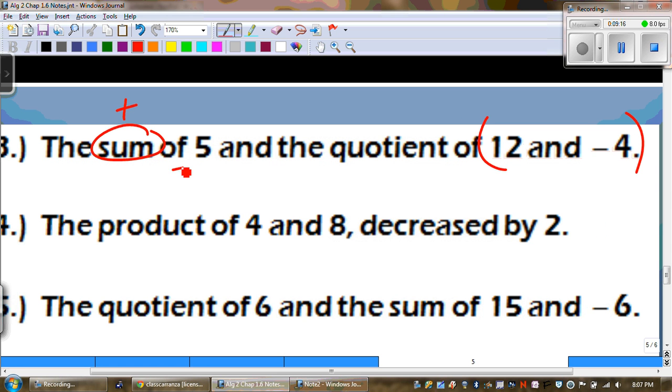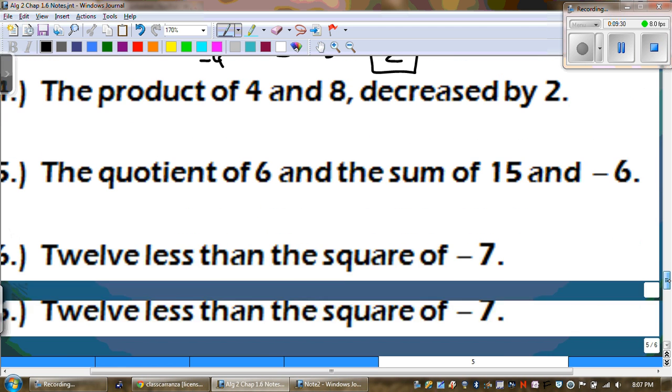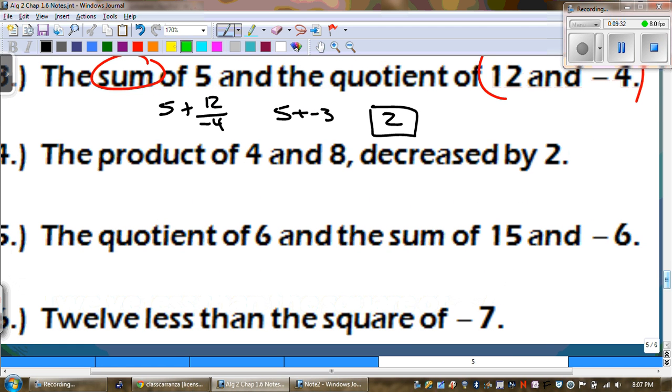Okay, so I'm going to try to write all this in this little small space. Product tells us we need to multiply 4 and 8. This comma is kind of saying like, yo, we got to do this first, and then we have to decrease it by 2.